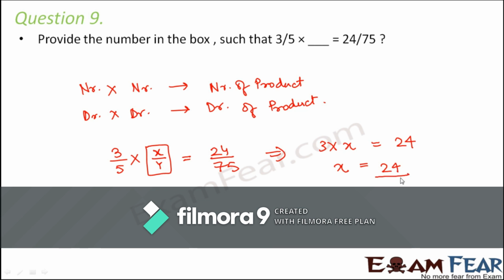That means that something is equal to 24 divided by 3, which is equal to 8. So x is 8. What about y? 5 multiplied by y gives 75. So y is equal to 75 by 5, and this is equal to 15. Therefore, the number in the box would be 8 by 15. So this would be the number in the box.